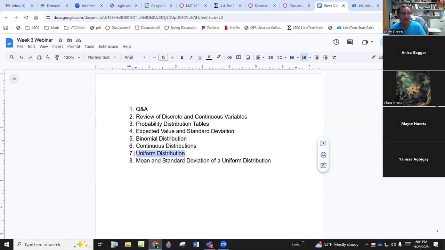The one math that you have to remember, it's very simple, is the area of a rectangle. Once you can do that and a little basic algebra, you should be able to handle the uniform distribution and probabilities based on it. Then we'll get into the mean and the standard deviation of a uniform distribution. That becomes really important.